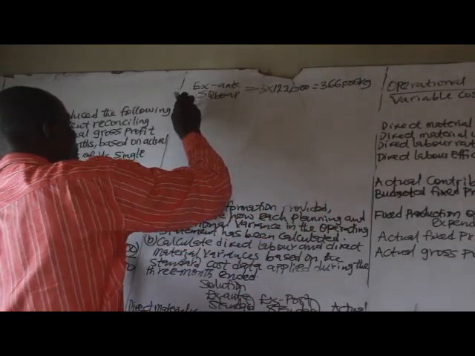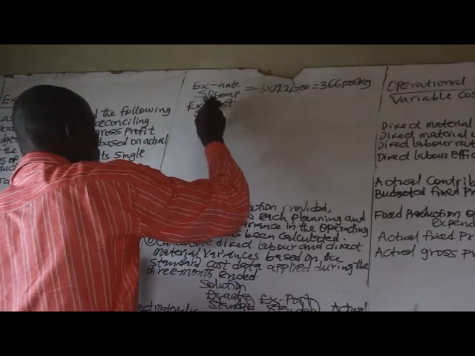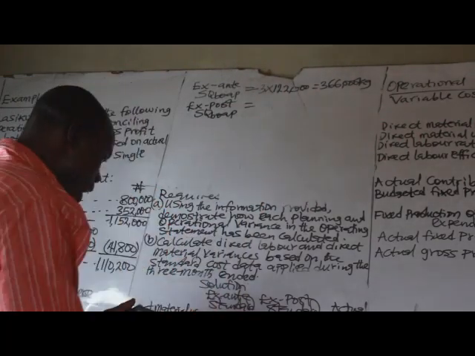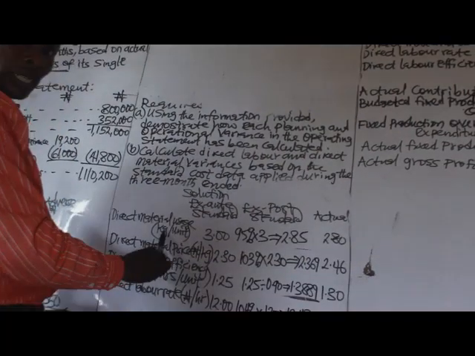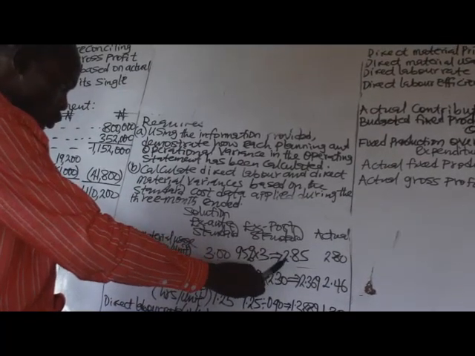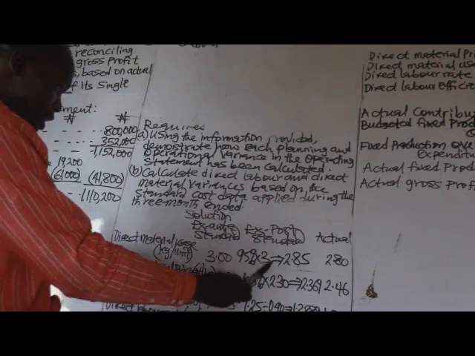Then ex post standard quantity based on actual production, that will be our ex post direct material usage, kg per unit, 2.85.